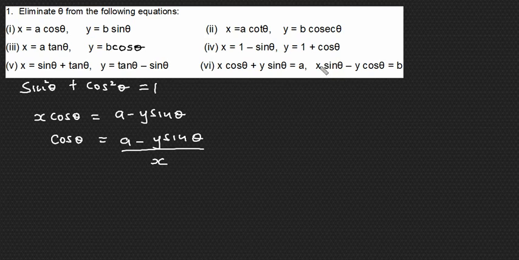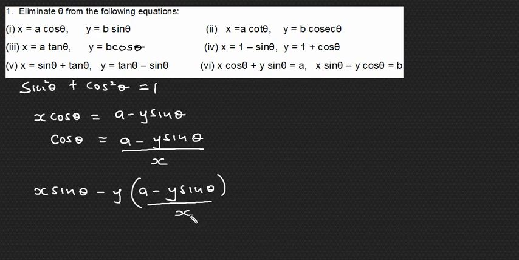Then we come and we substitute the cos here. From the second equation, we have x sine theta minus y. Now where there is a cos, we are going to put this so that we remain with an equation which is having only sine. So where there is a cos, I will say a minus y sine theta divided by x equal to b.